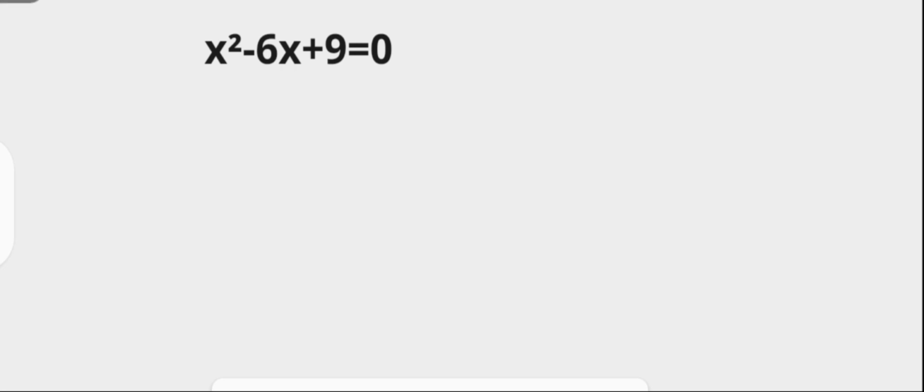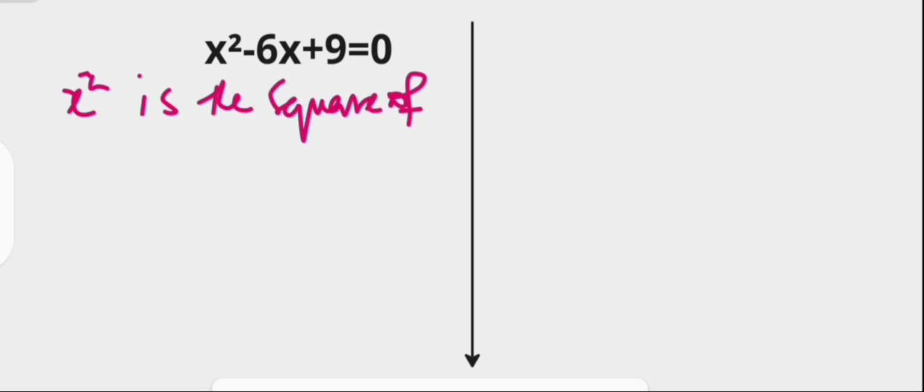On to another example. This one is not a difference of two squares. However, let us analyze it. In analyzing this, we'll see that x squared is the square of x. Then considering the last term, plus 9, 9 is the square of 3.